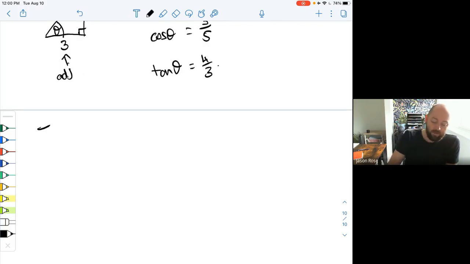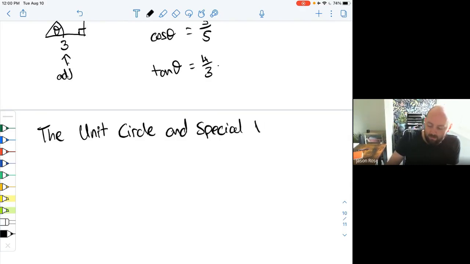Apologies to anybody that feels like this is a little fast, but I'm thinking that most people are okay with SOHCAHTOA and the basic trig ratios in that way. So the unit circle, and we're also going to look at some special values.